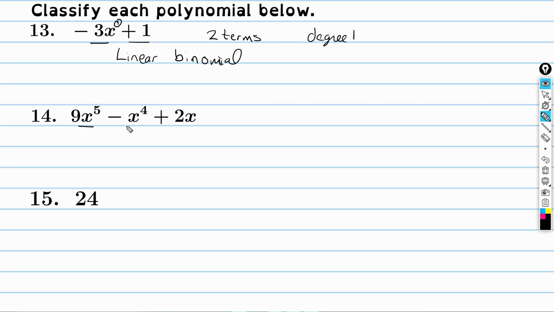I have 1, 2, 3 terms. So 3 terms. And my highest degree is 5. So degree of 5 is quint. So I forgot my t. Quintic. And I have 3 terms, so it's trinomial.